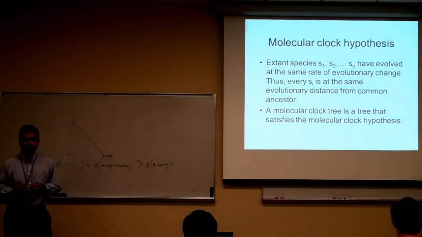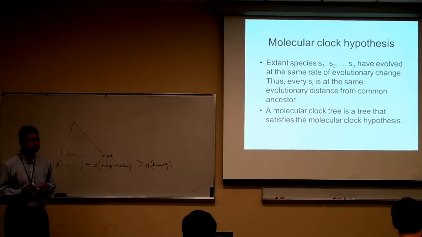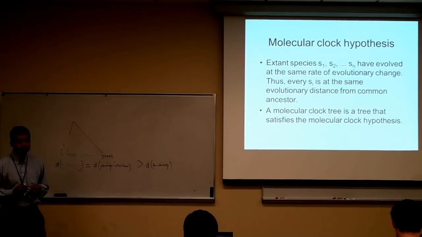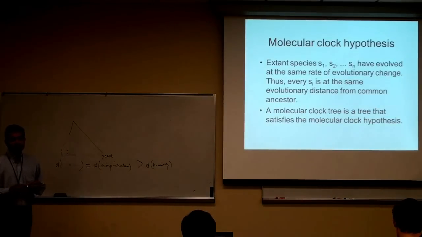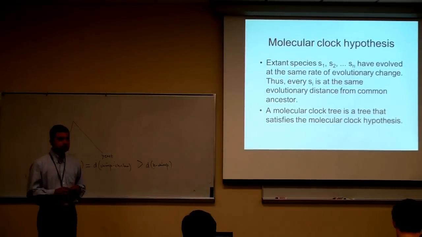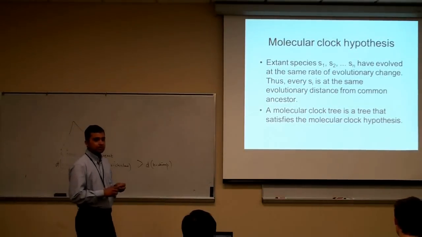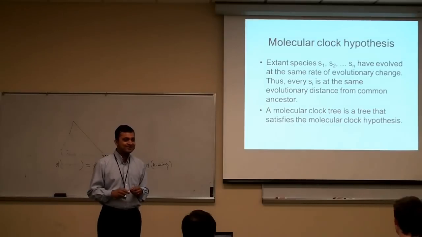Anyone with another suggestion? A quantitative measure of evolutionary distance. That's not time. Casey? Edit distance? Edit distance between what? Species meaning you can't edit a human into, like, you mean the genome?